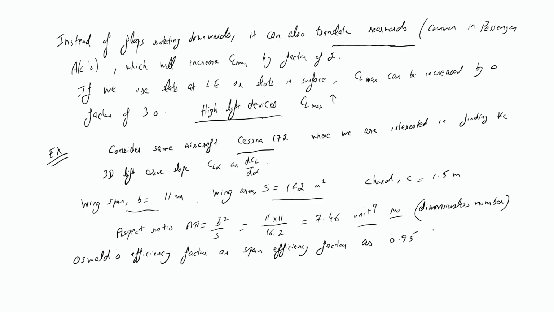This is again typical for subsonic wings. Remember, I told you the Oswald efficiency factor is approximately 0.85 to 0.95.